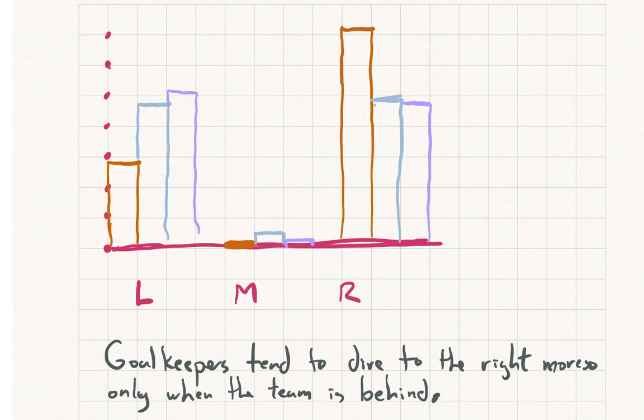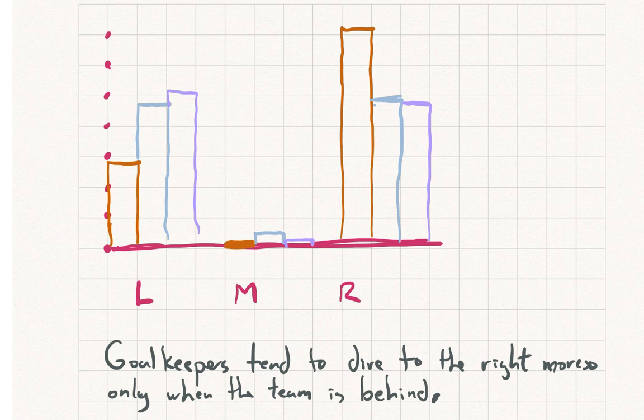And what do you want to glean from this? So a good question is, what can you tell about the data from each grouping? Maybe from this grouping, it looks like they dive to the left quite often, they dive to the right quite often, but they rarely stay in the middle.